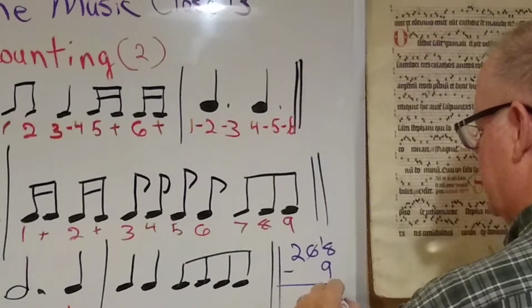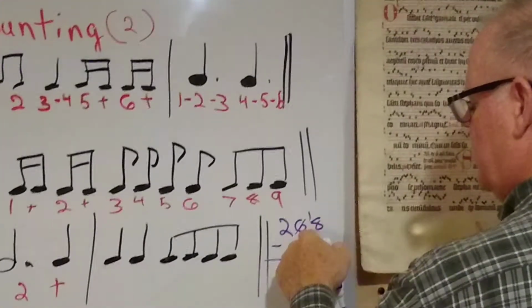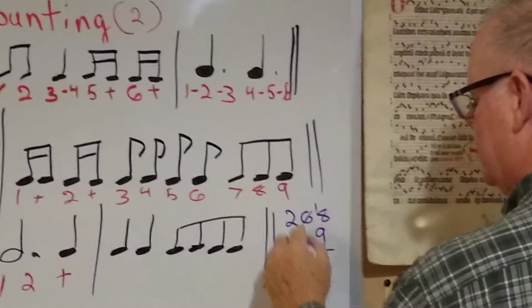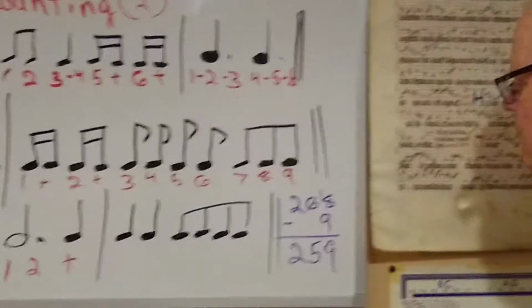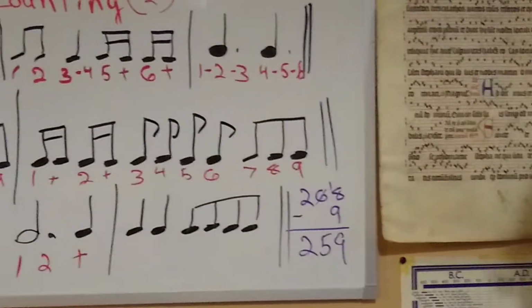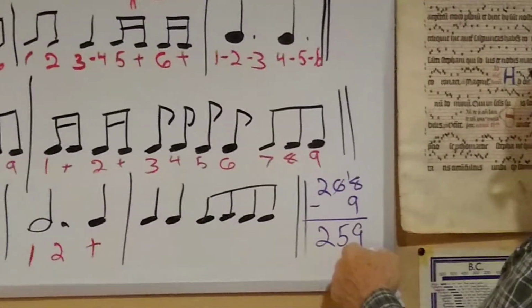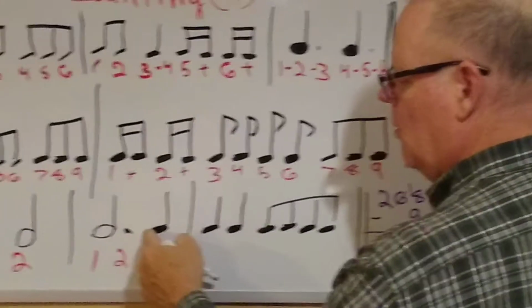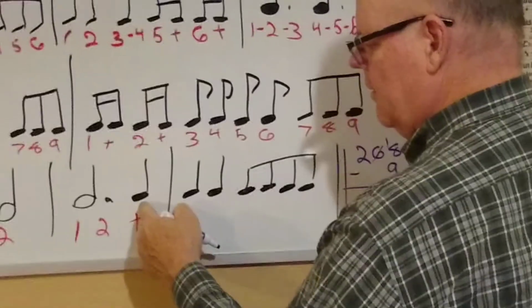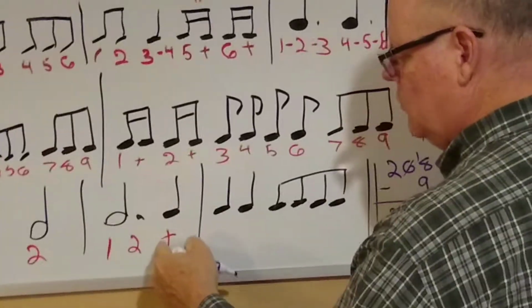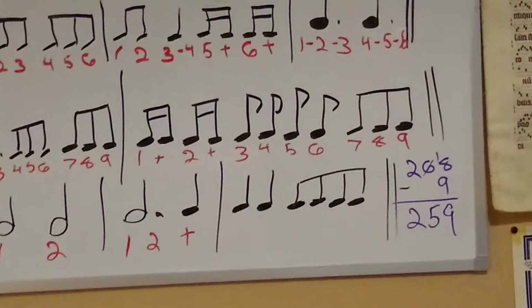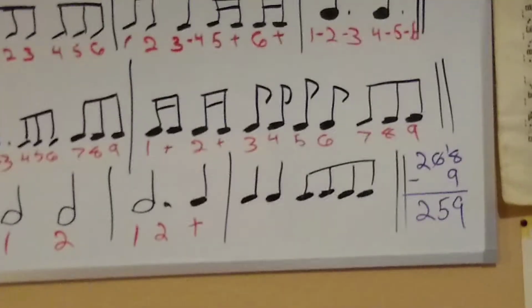I have a 9. What's left here? 5, 2. So when I borrowed 1 from here, took it over to there, I have whatever's left. Well, I'm borrowing part of the beat from here, putting it over there, and this is what's left, is the and part. Let me keep going.